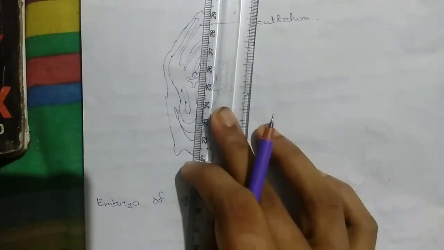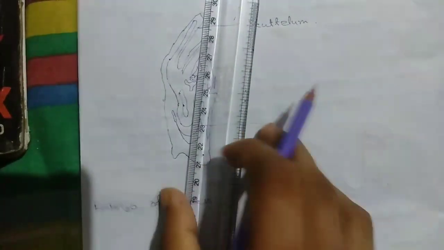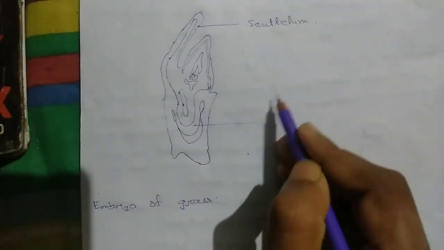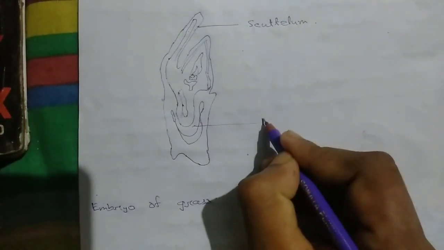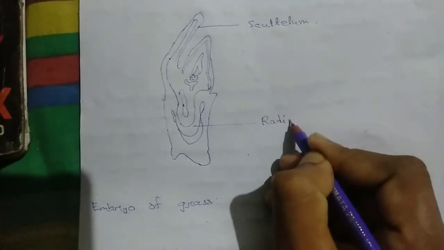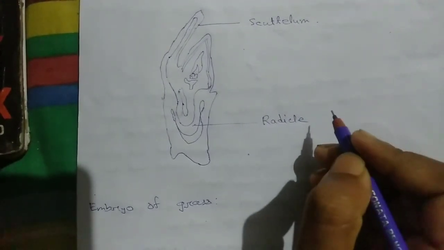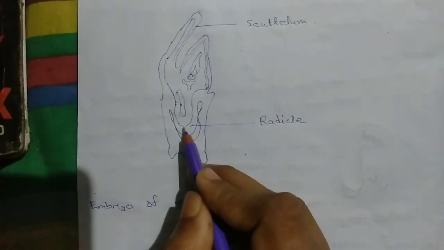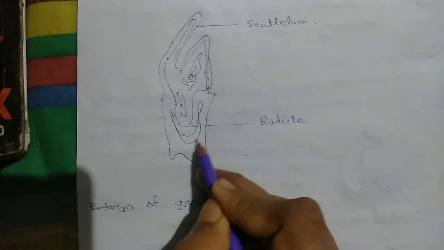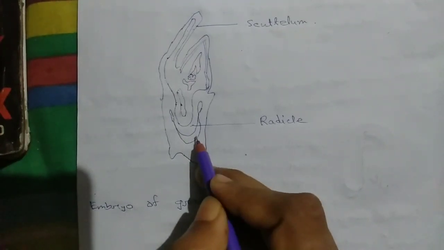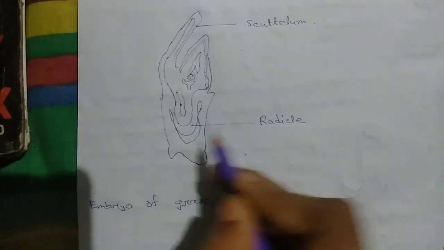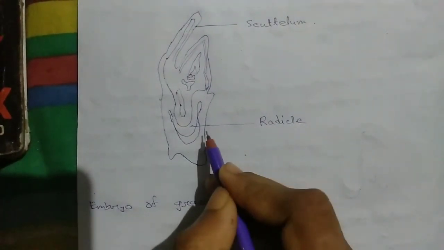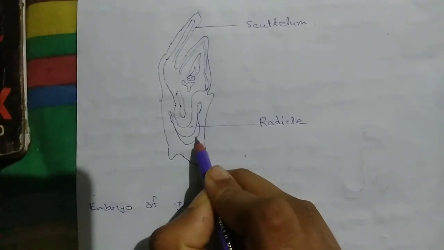I have told you about the axis and the lower part. The lower part is known as the radicle. At the lower end of the radicle part is the root cap.